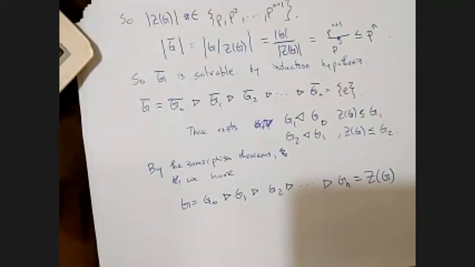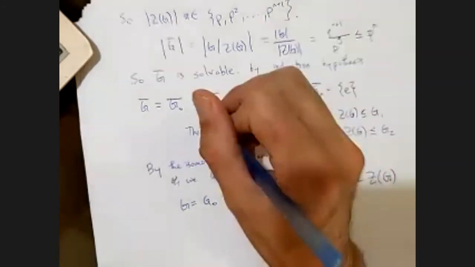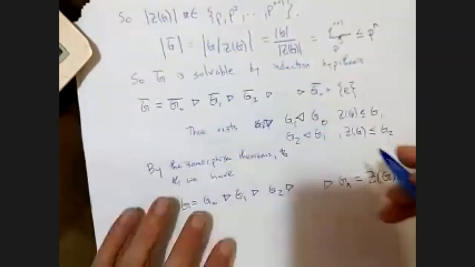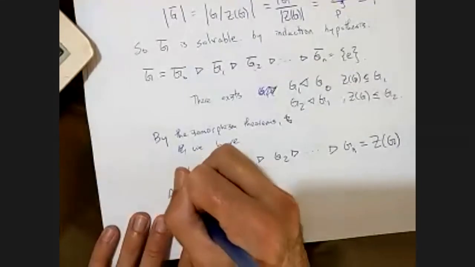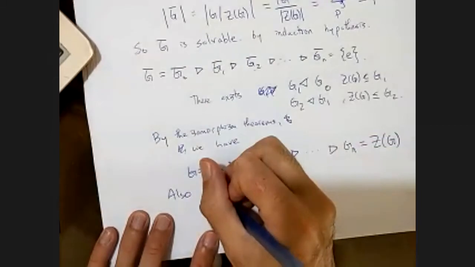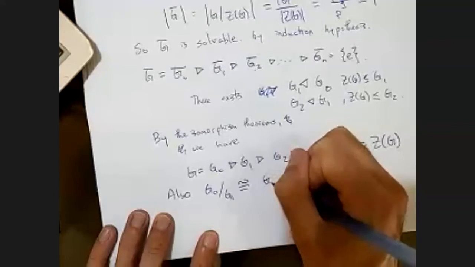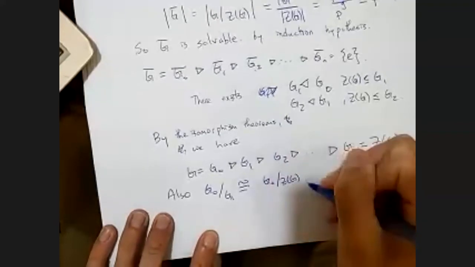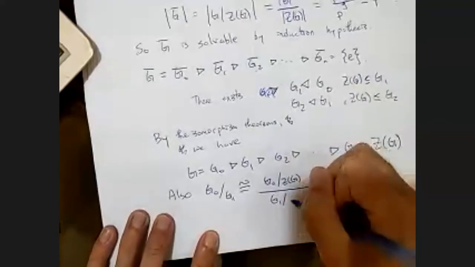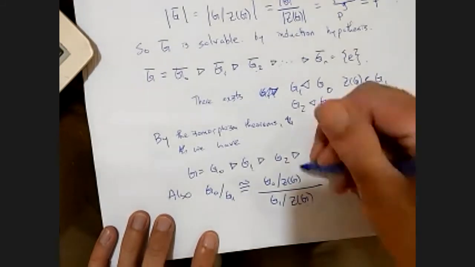Okay. Not only that, but we also know that G0 mod G1 is going to be isomorphic to G0 bar mod G1 bar. Also, G0 mod G1 is isomorphic to G0 mod the center of G divided by G1 mod the center of G. This is the third isomorphism theorem.